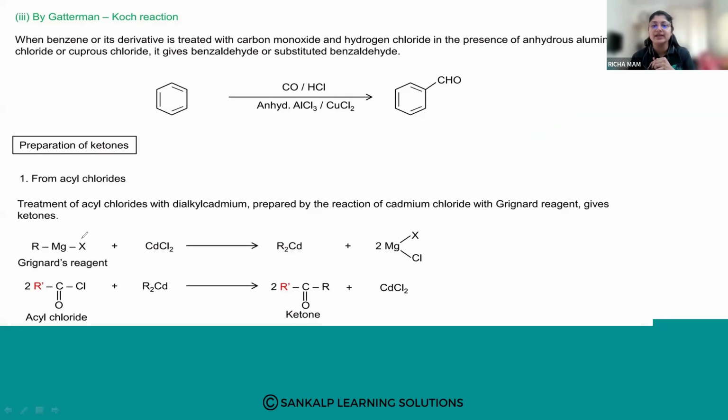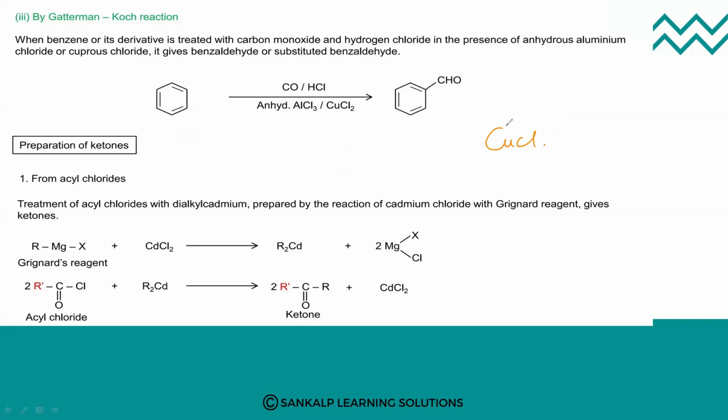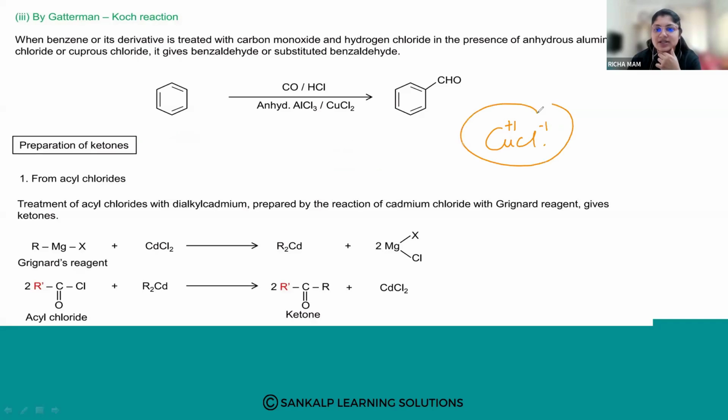Whenever you have cuprous, then it is +1. Now suppose this is CuCl. What is the oxidation state of copper here? Yes, +1. -1 plus +1, the whole charge will become 0. So this is cuprous chloride, and that other one is cupric chloride. Okay, fine.